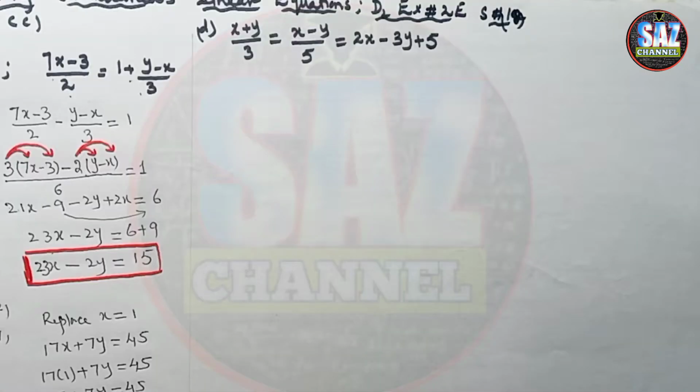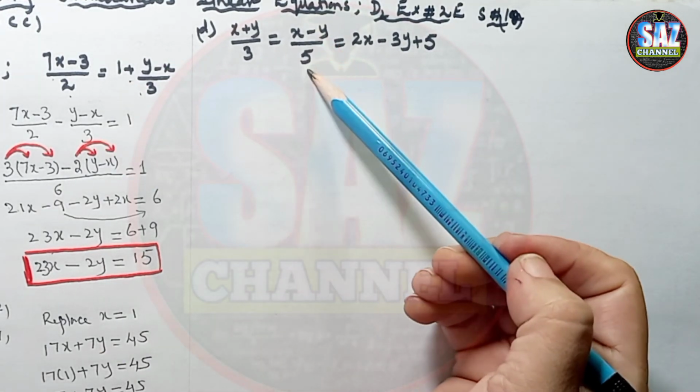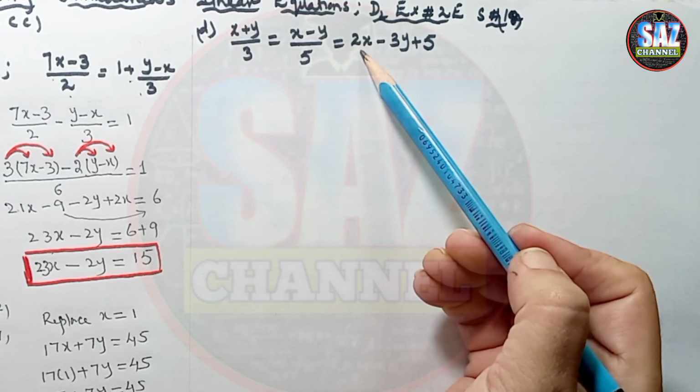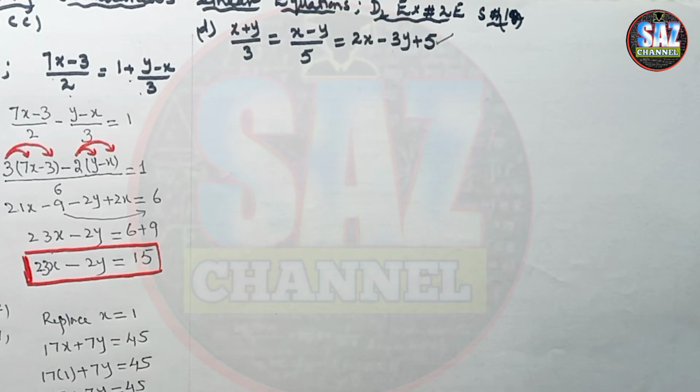Question D says that (x plus y) by 3 equals (x minus y) by 5 equals 2x minus 3y plus 5. Here you can see that we are not already given two equations, we have to frame the equations on our own.